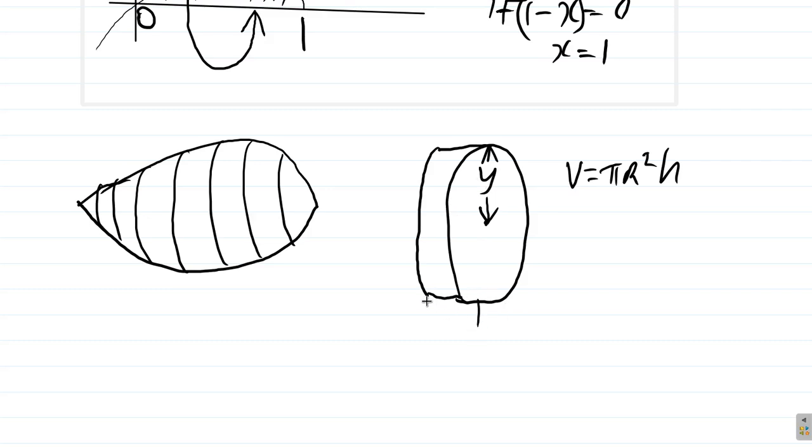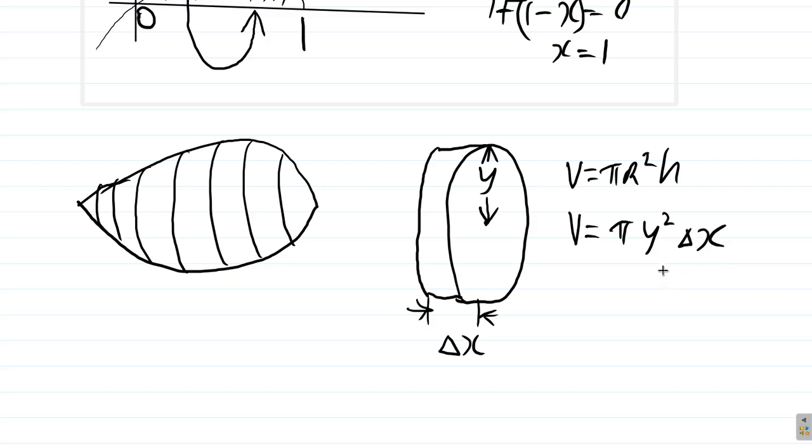And then the height, that's from here to here, would be that change in x, so call it delta x. So the volume of each slice, of each element that you cut, would be pi y squared delta x.